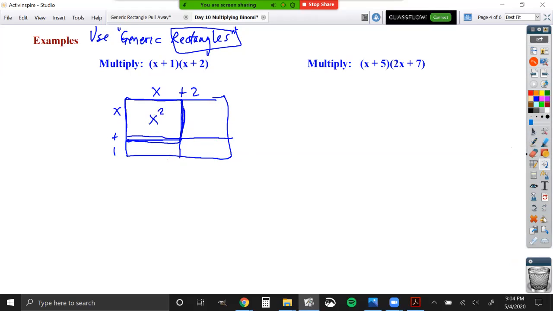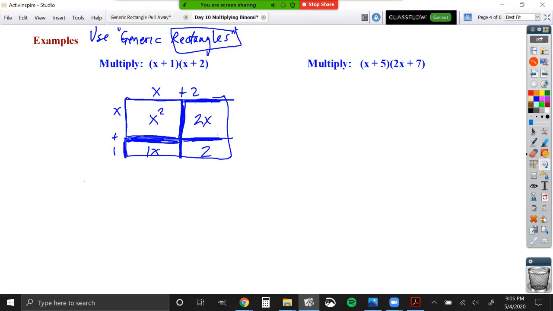If I have an x dimension by 2 units, how many x tiles will I fill in here vertically? Well, it's going to be 2x tiles. It's basically just like finding the area by taking this x times this 2. And then if I have a 1 by an x tile, that's going to be 1x. And if I have a 1 by a 2, that'll be 2.